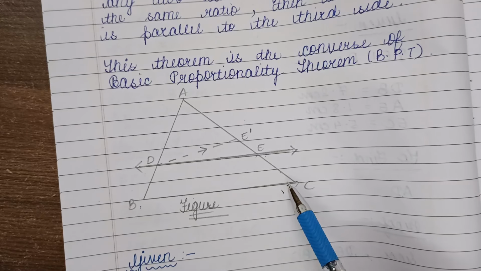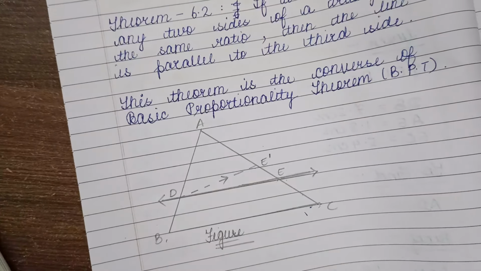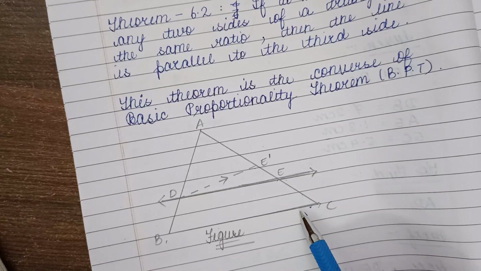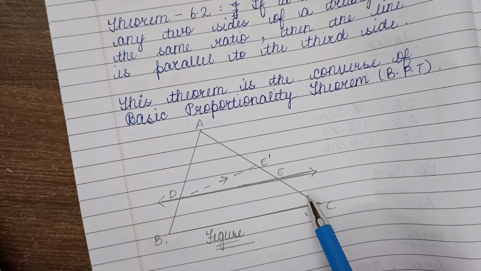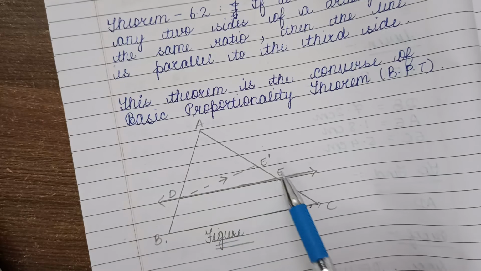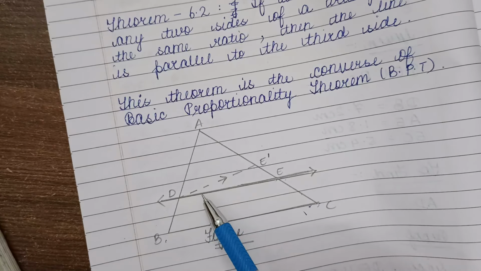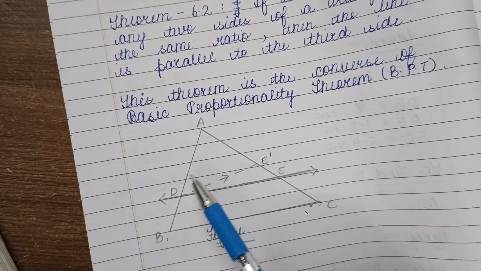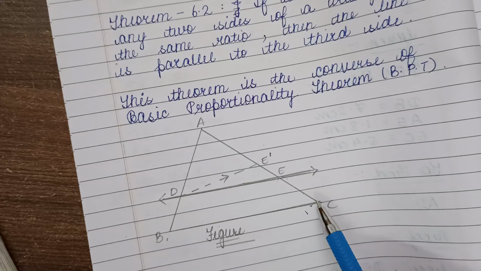Now by the basic proportionality theorem, we know that if a line is drawn parallel to one side of a triangle to intersect the other two sides, then the other two sides are divided in the same ratio. So if we have assumed that DE dash is parallel to BC, then by the basic proportionality theorem, AD by DB will be equal to AE dash by E dash C.